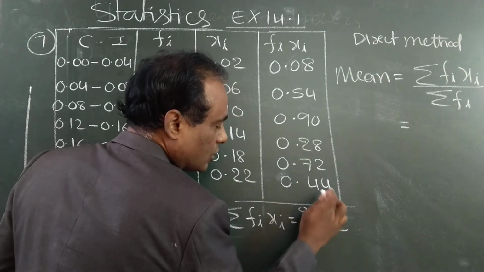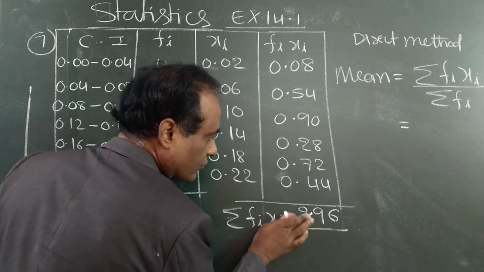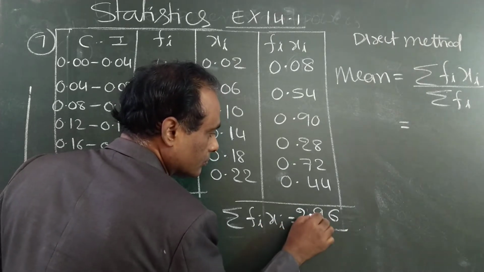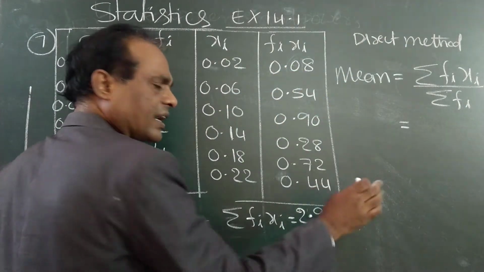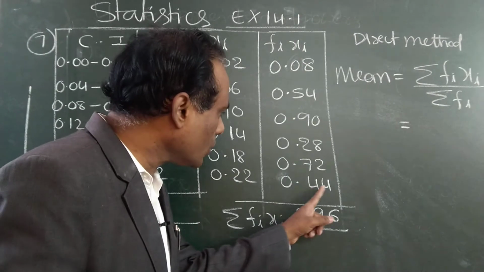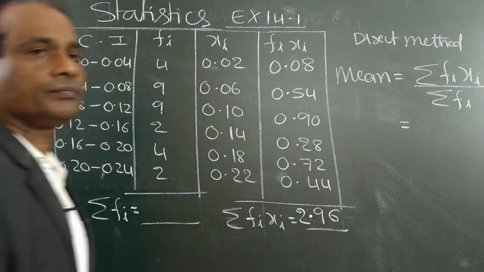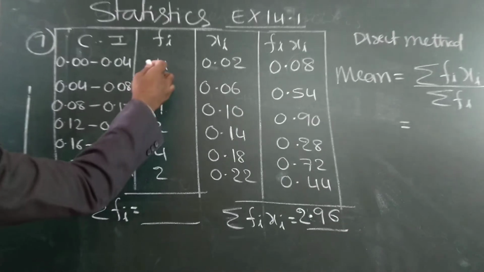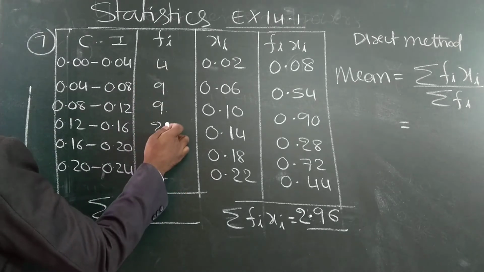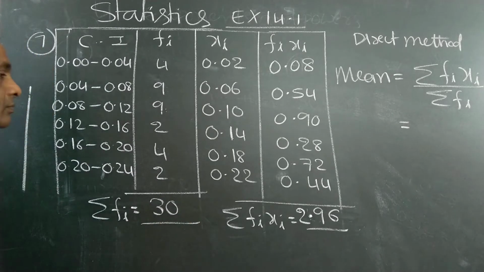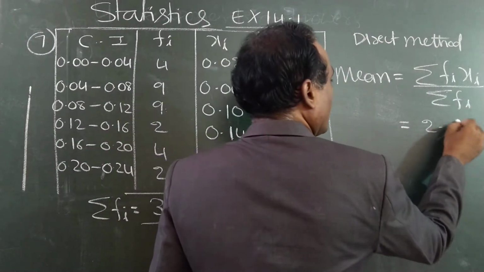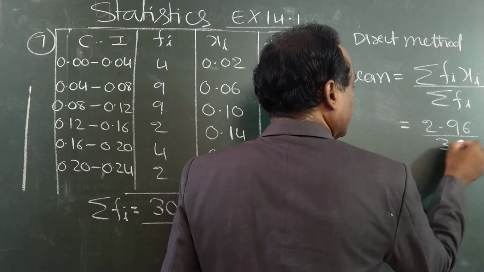Then 2 digits after the decimal. If you add these, irrespective of decimals, we are getting 296. So 2 digits after the decimal. Now 2 plus 4, 6, 8, 17, 26, 30. So the answer is 2.96 by 30.